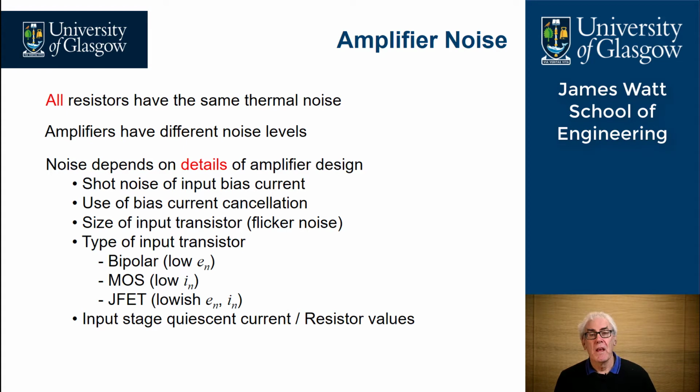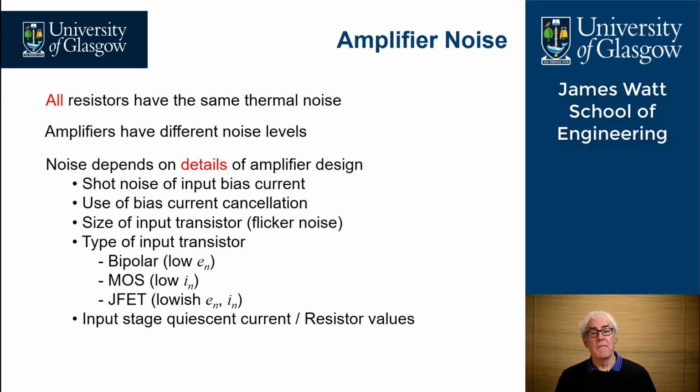In the case of bipolars, they have very low voltage noise, but can have relatively high current noise because the bias currents are quite large. MOS have very low input currents, so they have a very low noise current, but often a very large noise voltage associated with them.